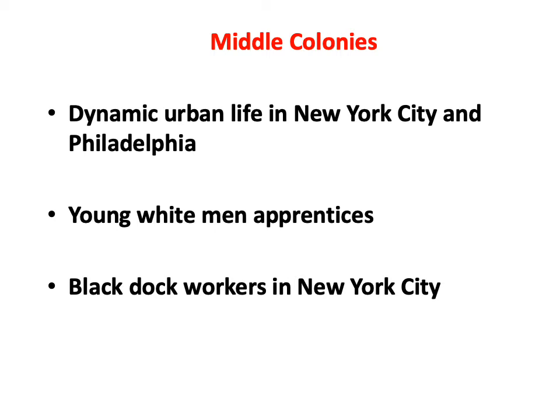And we'll see it's no coincidence as we move along that in these large cities you had people begin to discuss independence. In these cities also you had young white men serve as apprentices, and these would be for skilled trades such as being a carpenter, a cabinet maker, working in a blacksmith shop, etc. And the slaves in New York City and other places were largely working on the docks, the very difficult work of loading and unloading vessels.